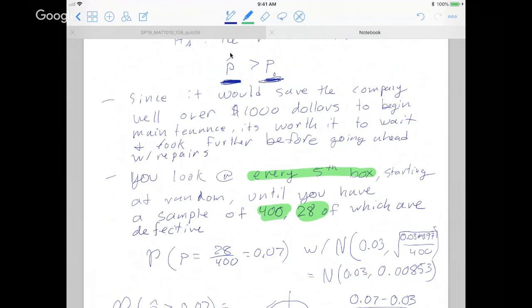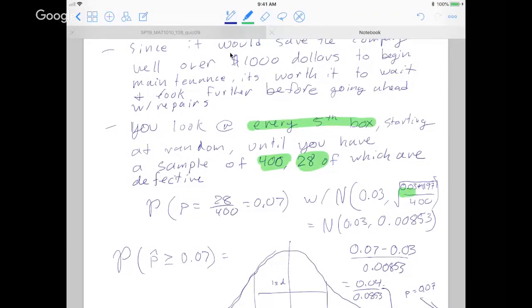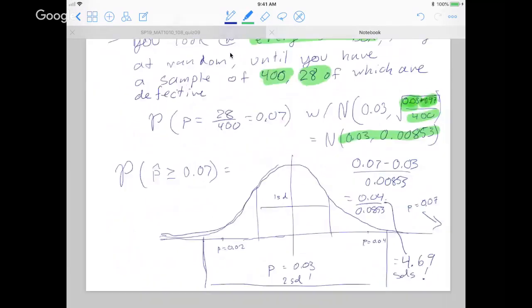If we're making 400 in a couple hours, then this is definitely bigger than the population of boxes that get packed. Assuming that the null hypothesis is true, take the probability that it happens, the probability it doesn't happen, divide by sample size, square root. That gets us a normal model with these values.